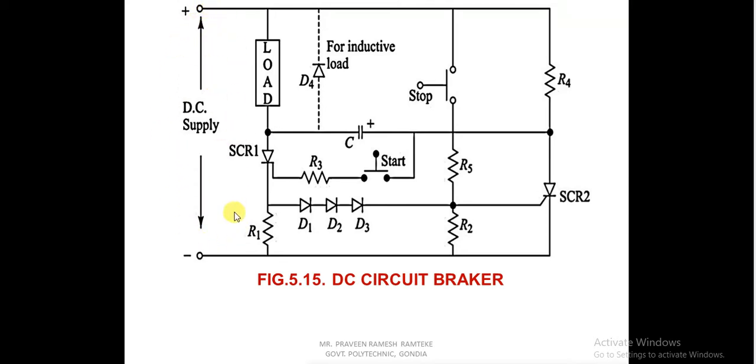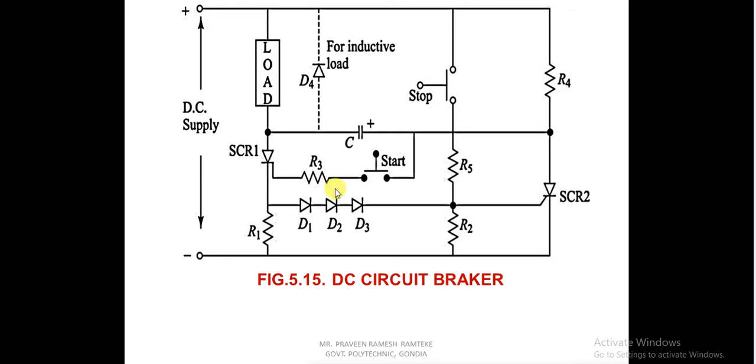Here input is a DC supply, the load is operated on a DC supply. If an inductive load is used, then we require a freewheeling diode to be connected in parallel with the load.